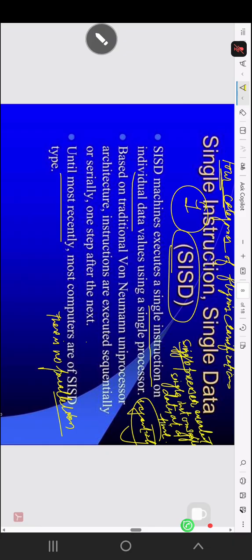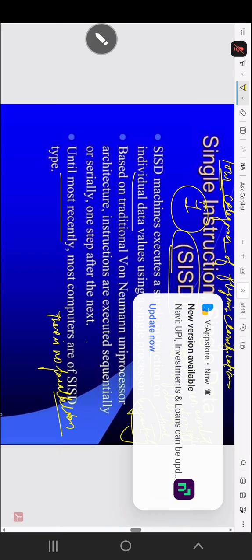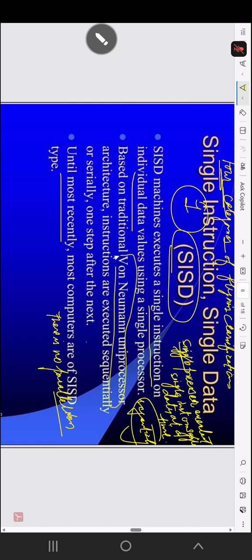The examples here are von Neumann architecture computer and simple microprocessor. The other example is the 8085 microprocessor. So a single processor executes a single instruction on a single data set at a time, and its example is the von Neumann uniprocessor and the 8085 microprocessor.